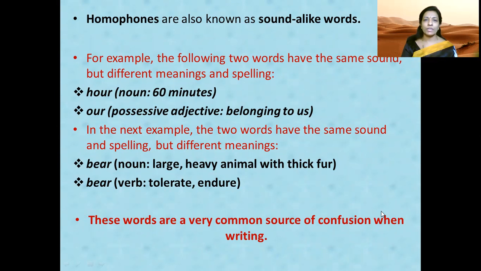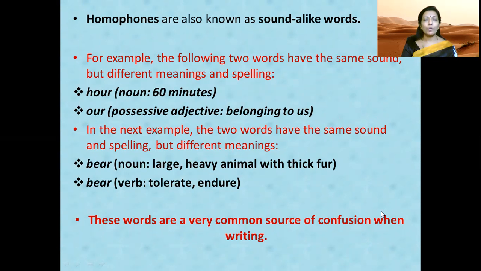The first word hour is a noun which means 60 minutes. The second word our is a possessive adjective and means belonging to us. So, here we see that these two words sound exactly alike, but they mean completely different things.